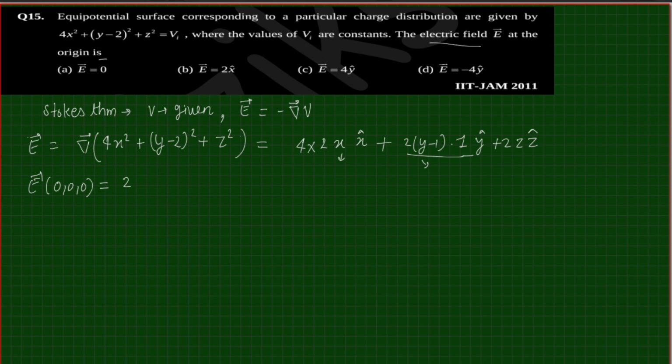So 2 into (0 minus 2) y cap, that is 2 into minus 2, so that is minus 4 y cap. D is the correct option.